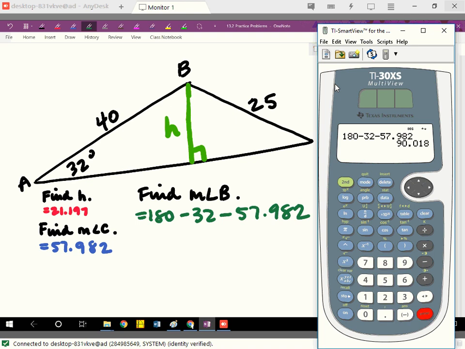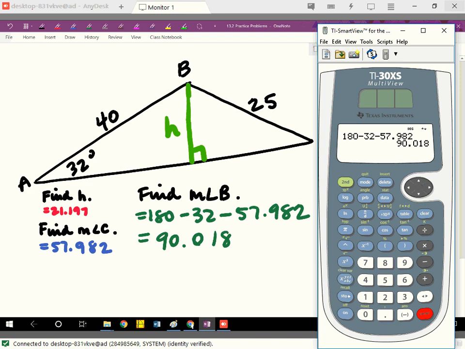So this thing is barely an obtuse triangle. Well, whatever. The figure must not be drawn to scale.